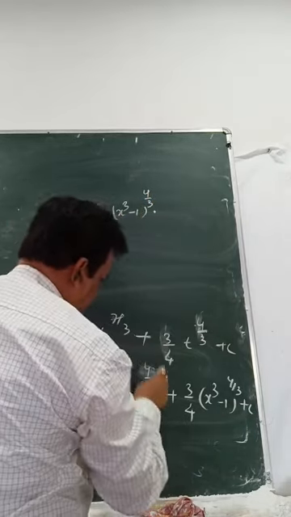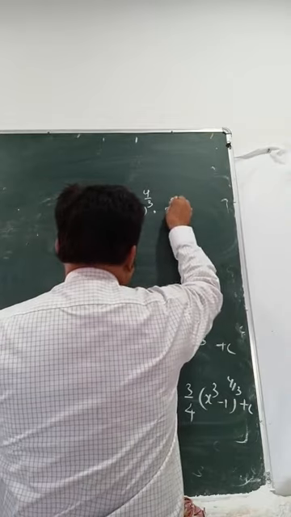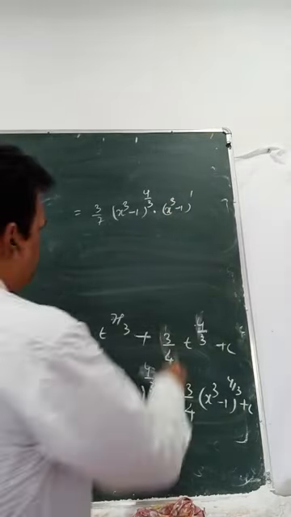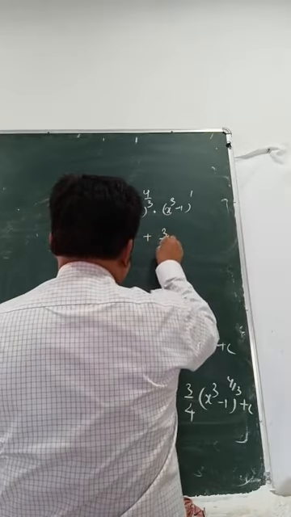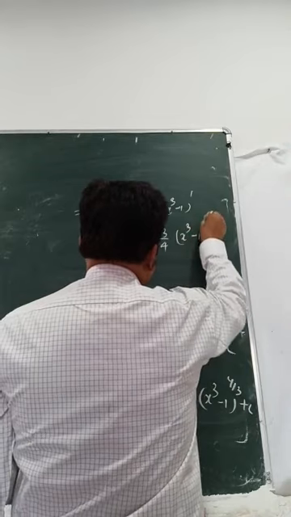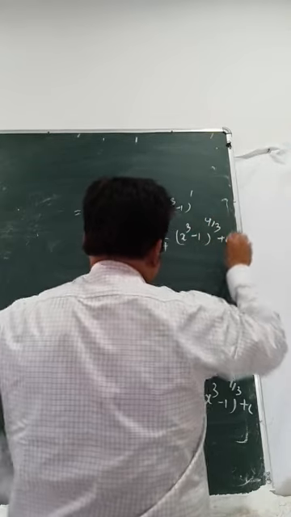You can split the power. x cube minus 1 power 1, plus 3 by 4 x cube minus 1 power 4 by 3, plus constant.